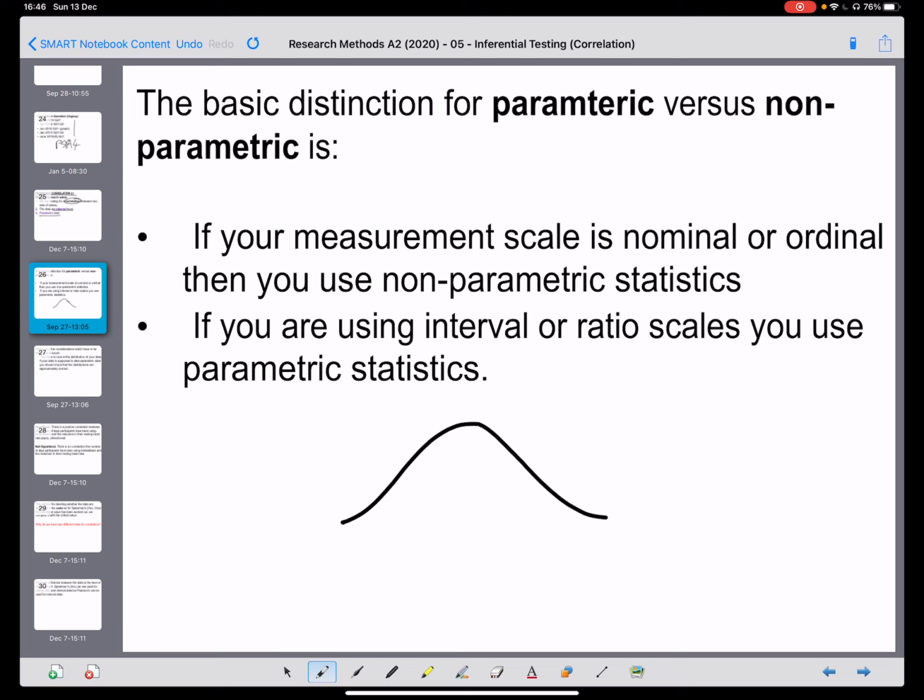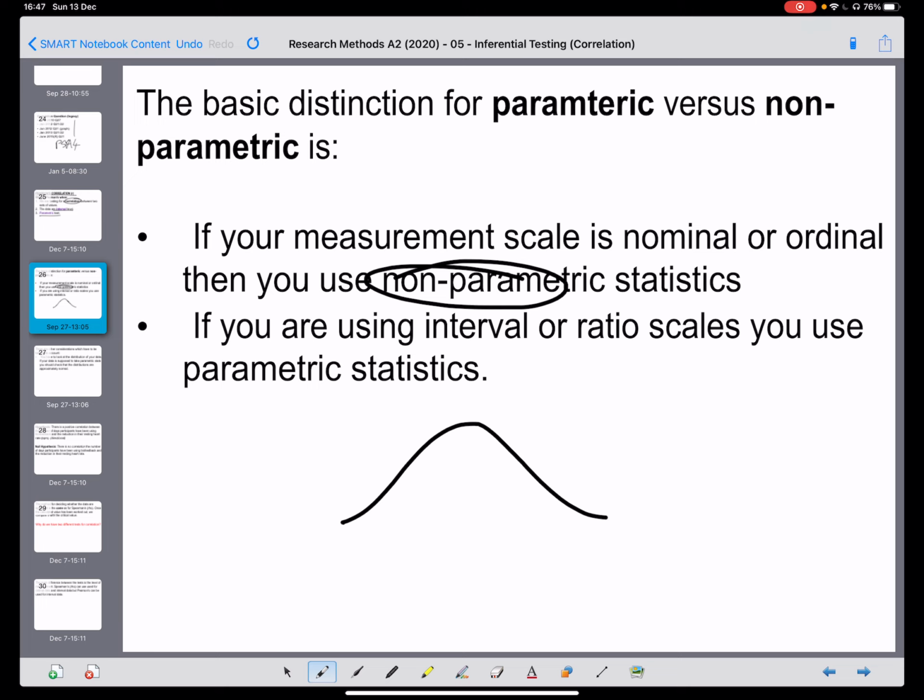And I don't want to make it overly complicated, but we see that there is a difference between parametric and non-parametric. So if your measurement scale is nominal or ordinal, it's non-parametric. So in other words, when we've looked at your chi-squared or looked at something like your Spearman's, it's a relatively small amount of data. I had 10 participants there.